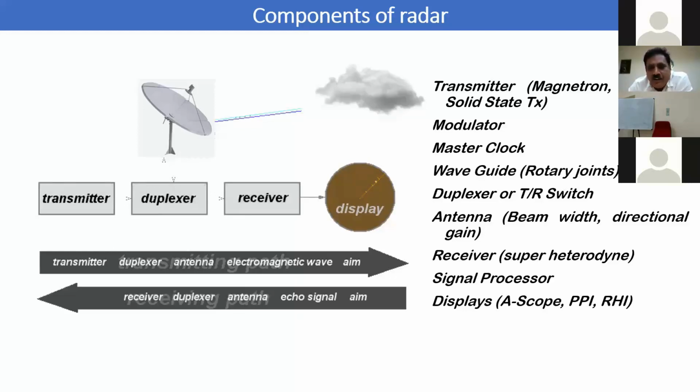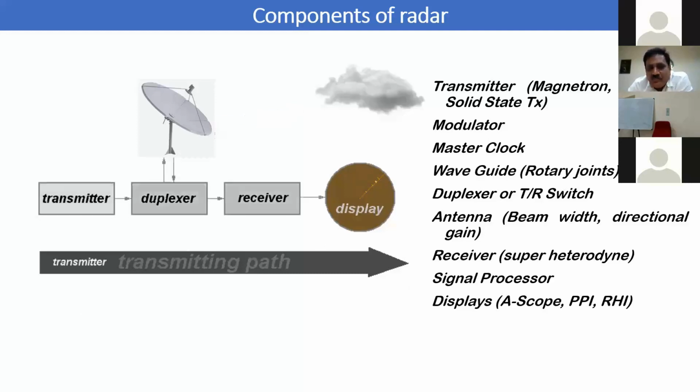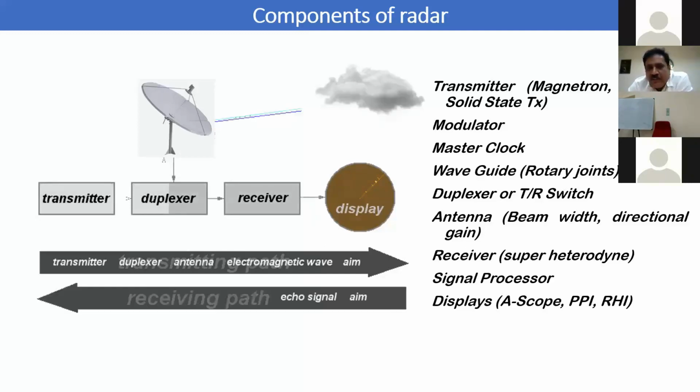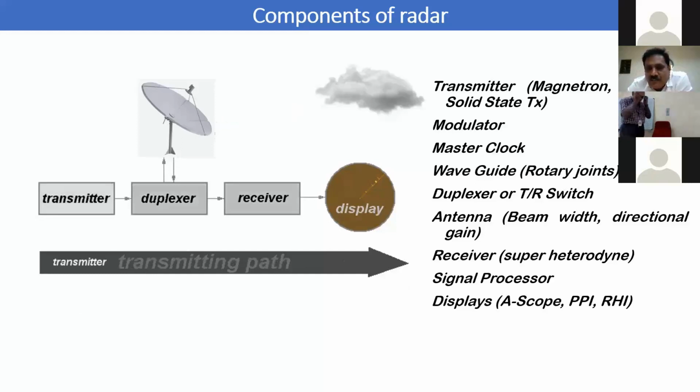And then you have a modulator, then a master clock oscillator, which is very important, which controls all the timing signals. Then we have waveguides, because we transmit the power through waveguides instead of coaxial cables to avoid losses.